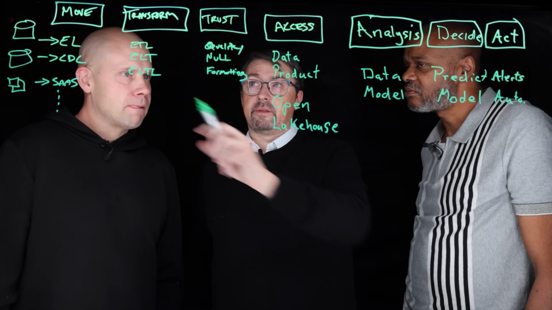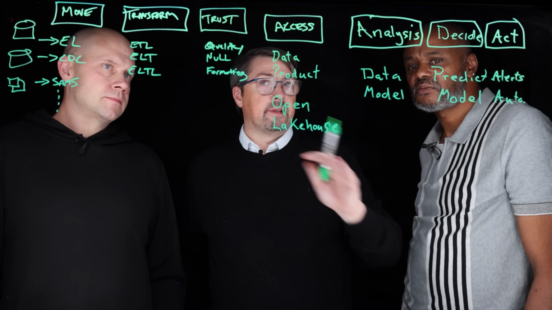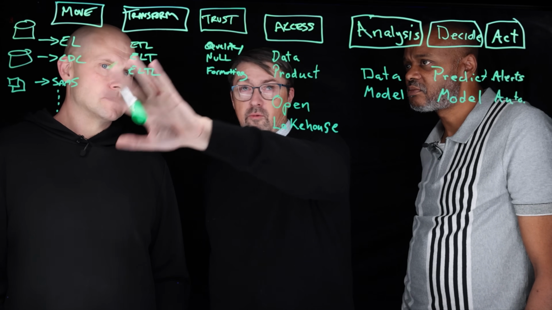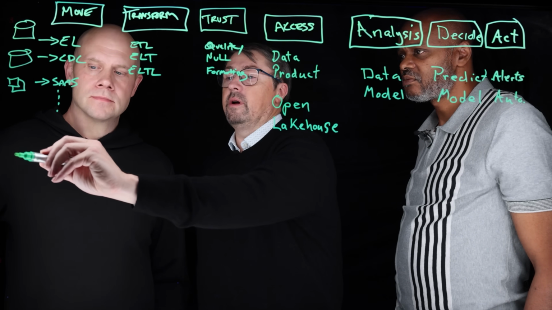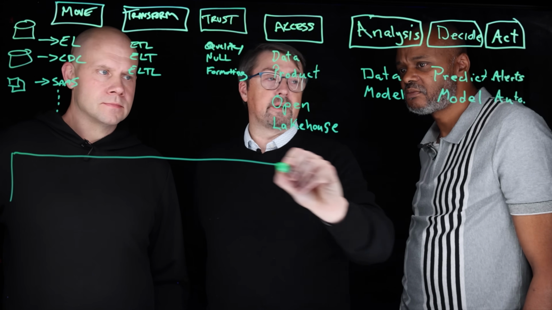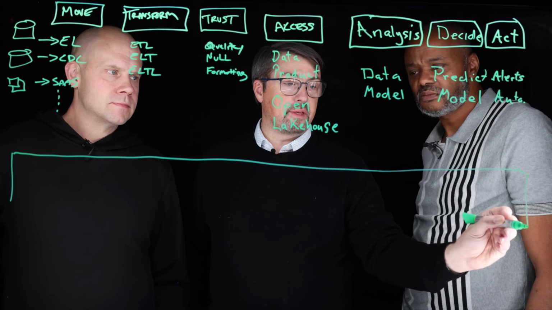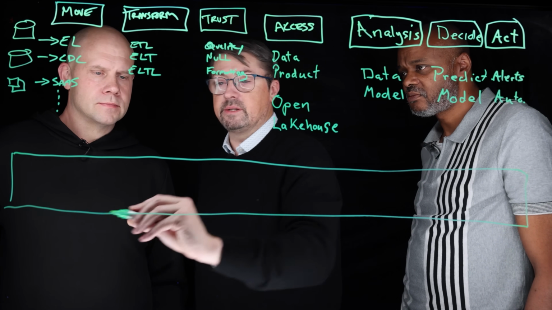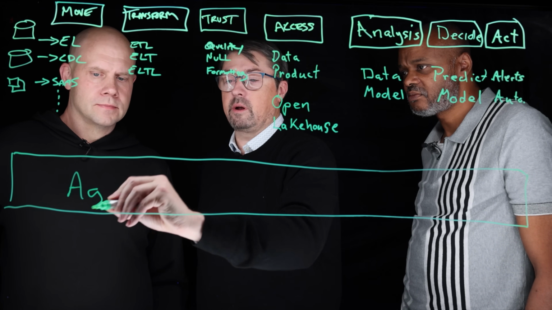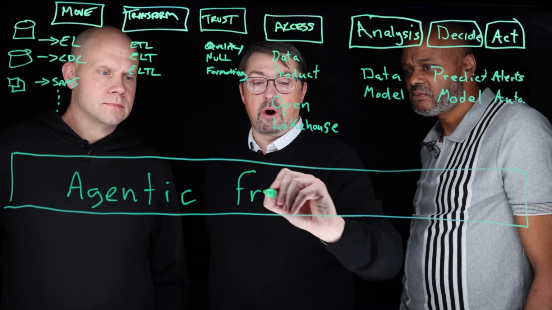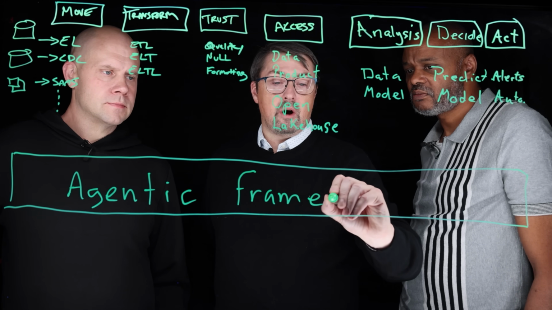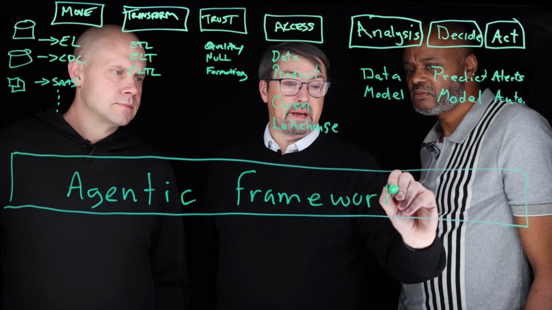And the really interesting thing is, you look at all of this, this is your traditional data stack from raw data to actually making decisions. In today's world, you have this really interesting layer that goes across the entire thing. And this is an agentic framework, fundamentally shifting the way people are thinking and acting on their data and making decisions.